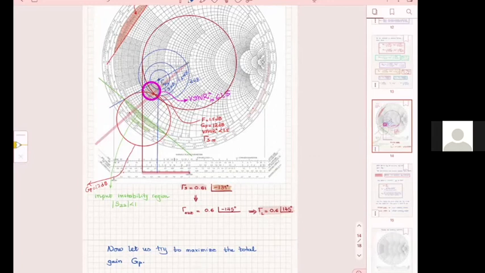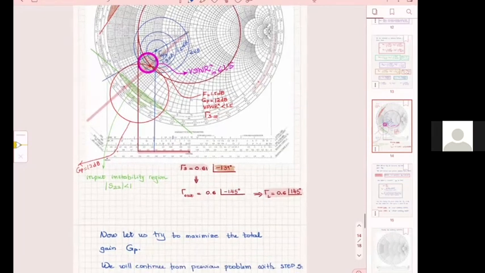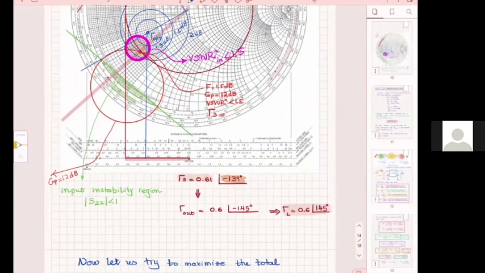Now that I was able to find this point, gamma S, which we are looking for, is 0.61 with a phase of minus 139.